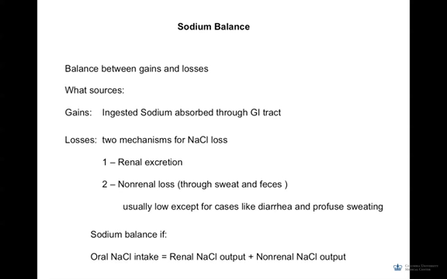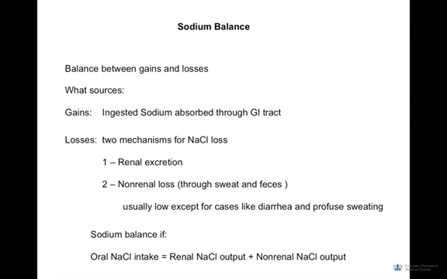Normally the non-renal loss of sodium is minimal compared to the renal loss of sodium. However, under conditions like diarrheal states or profuse sweating, non-renal losses of sodium can become significant. But under normal circumstances, the renal excretion of sodium is our main mechanism for sodium loss. So, to maintain sodium balance, we want to maintain an equal relationship between the oral intake of sodium and the renal and non-renal sodium losses.